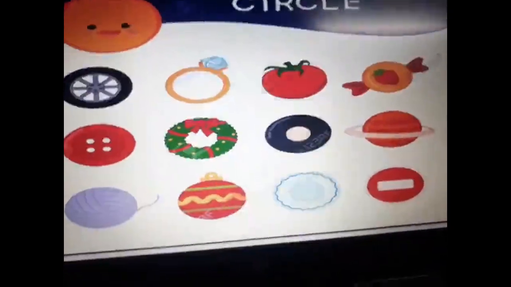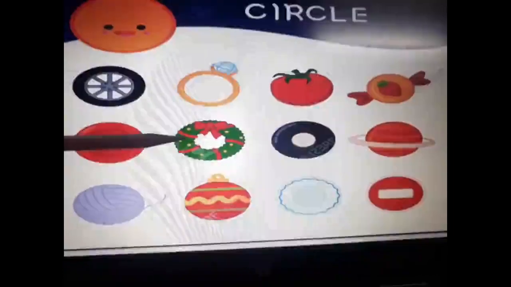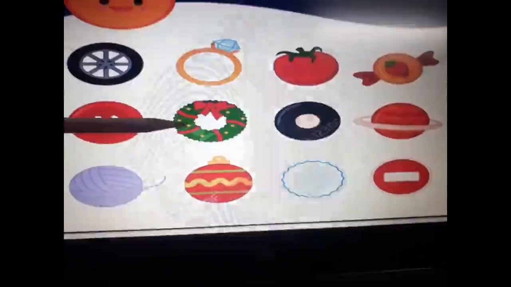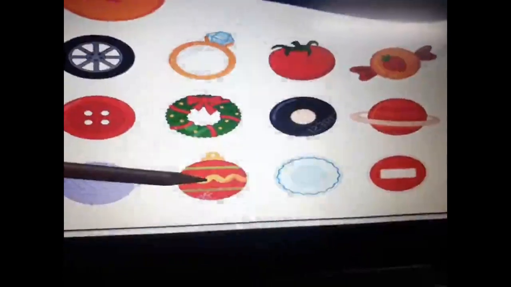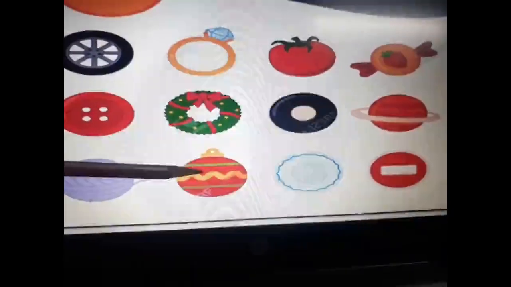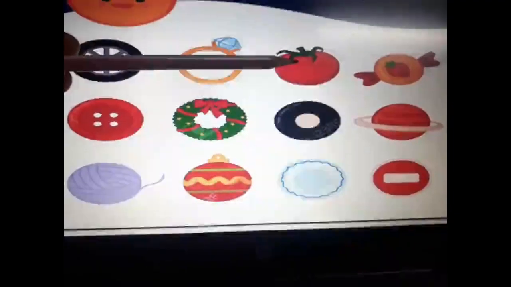Then what do we have? A Christmas wreath. We use it to decorate our home doors. हमारे जो घर के doors होते हैं, Christmas पे हम इसको वहाँ use करते हैं. Then again some other Christmas decorations. Then we have tomato. Again, tomato is also round, isn't it?